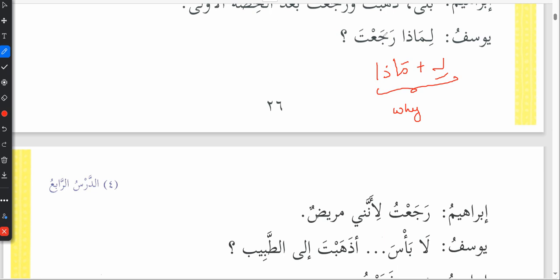So Ibrahim answers back, raja'tu. So you can see the damirs being used. Raja'tu, I returned. Li annani. Now, li anna, there is the sister of inna, li anna, because now he's giving his reasons, so that's why he's using li anna.